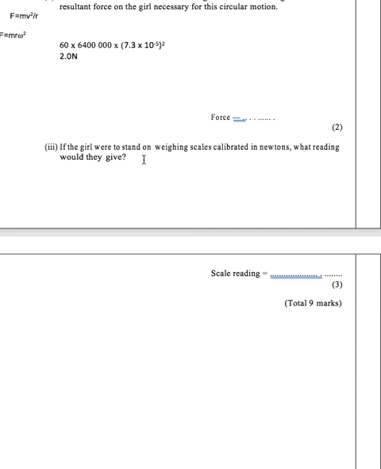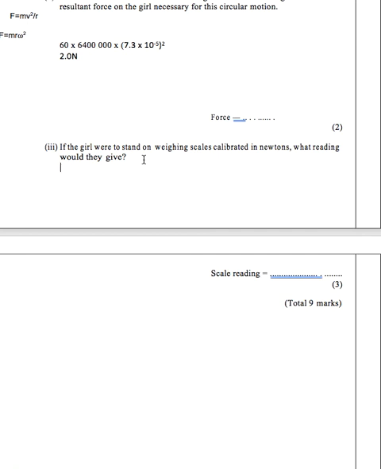And if you think about it, if you were to stand on a set of scales in a lift, when the lift was to move down, initially to accelerate down as it moves off, the reading on the scales would fall. If you think about the extreme circumstance of the lift cable breaking, the reading on the scales would fall to 0. Think about that.